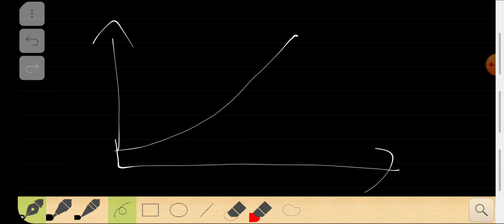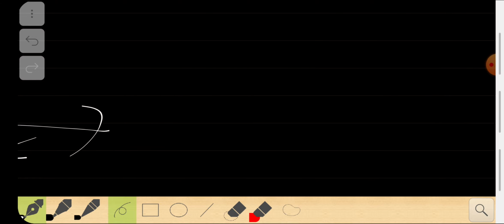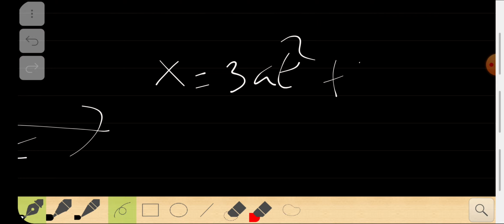Now if you have a curve like this, representing your displacement versus time graph, let this be your time graph. So this has one dip, that means it will look something like x equal to some a t square plus b t plus c, right?